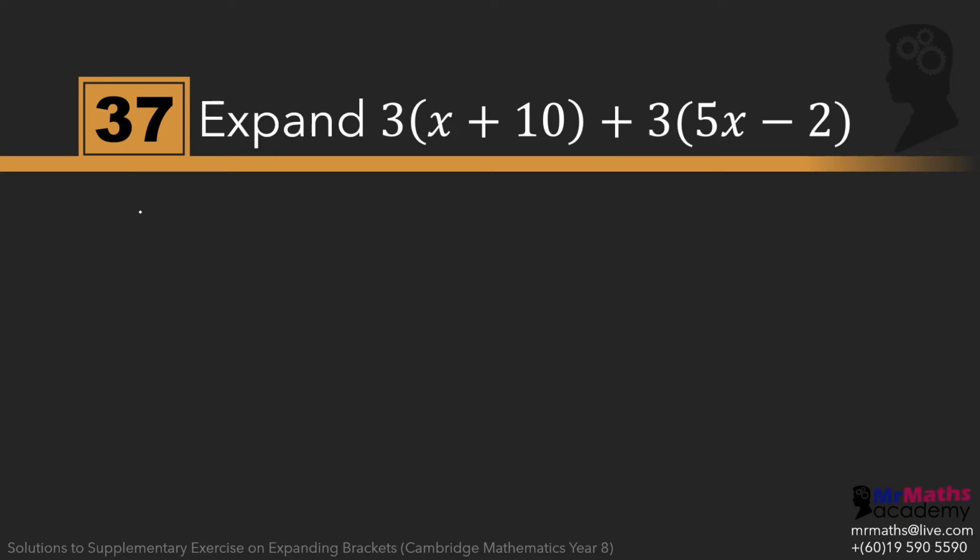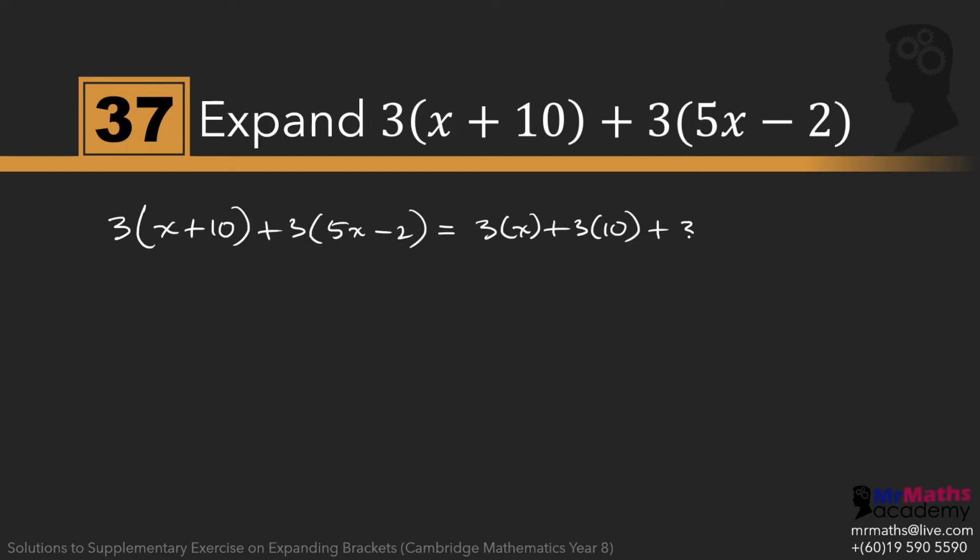Okay, it becomes tougher. 3 times x plus 10 and 5x minus 2. So this is equal to 3 times x plus 3 times 10 plus 3 times 5x. And now we have a minus term here, so I'm going to separate it out. So plus 3 times minus 2.